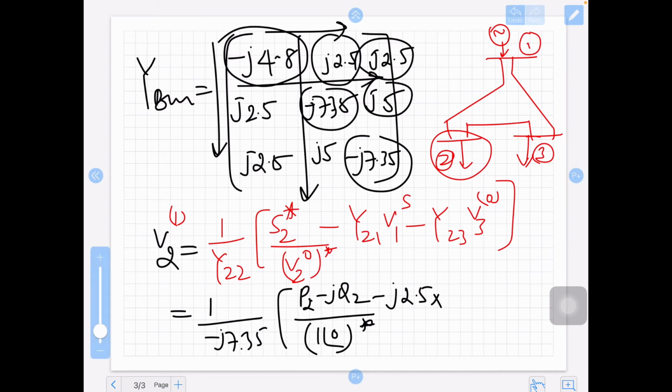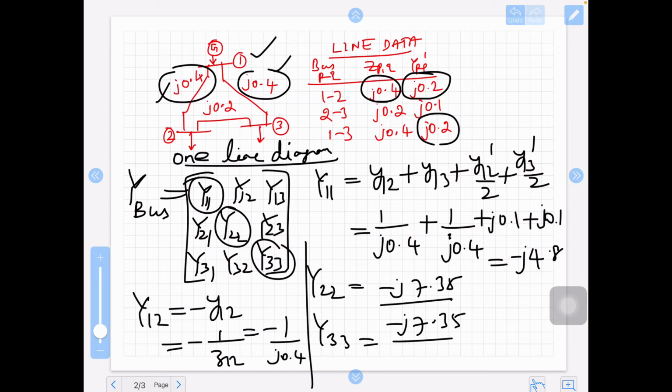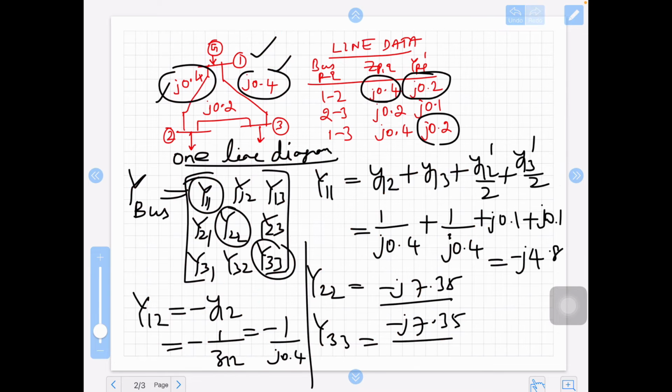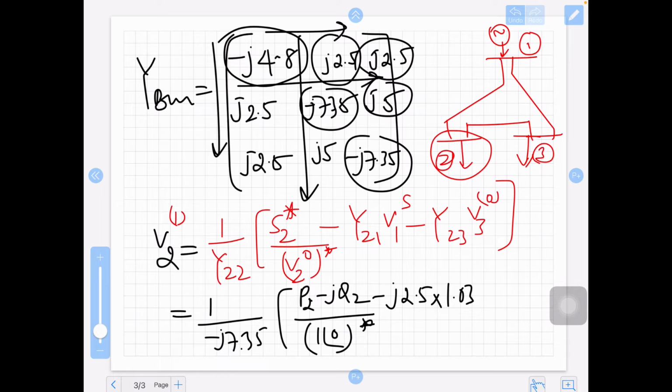V1 value is given in the problem, 1.03, and the P2 and Q2 values are given. We have to consider minus 0.4 and minus 0.3 in this calculation.